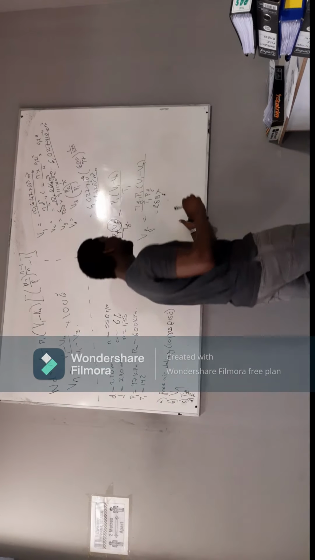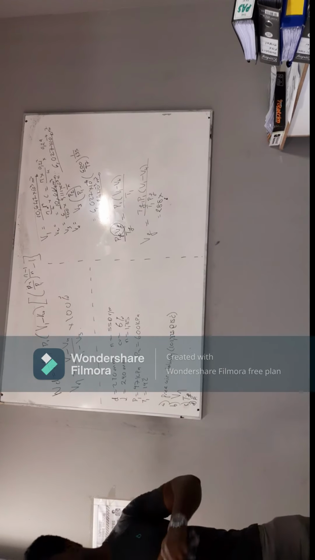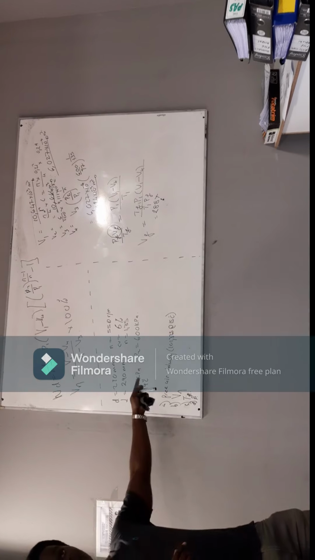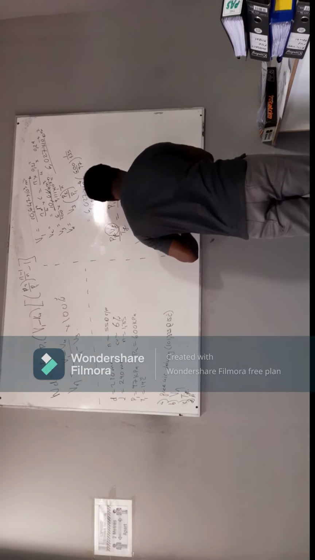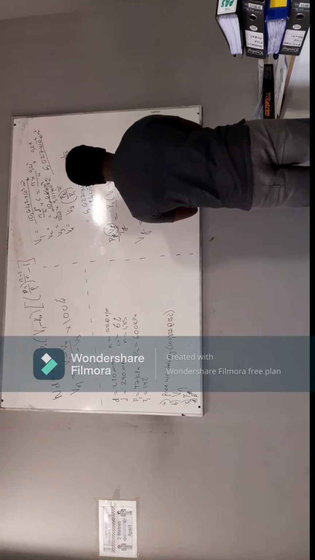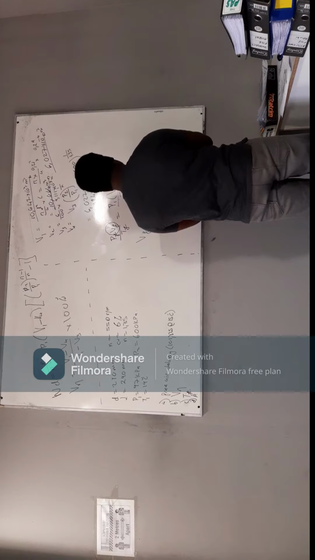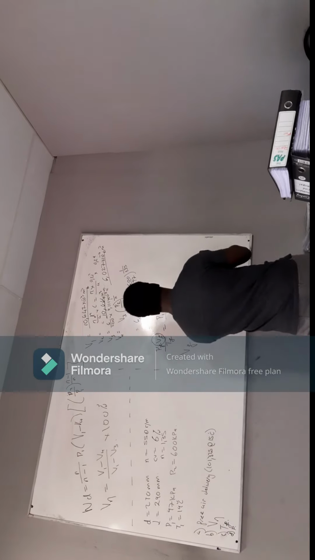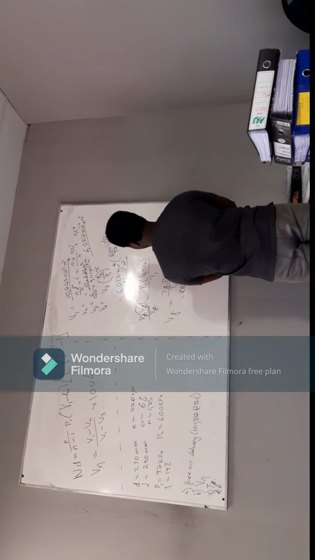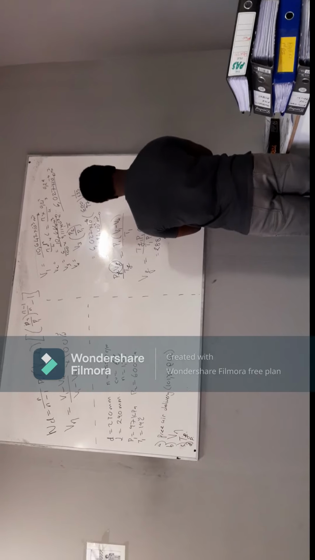288 multiplied by P1. What is our initial pressure that we're given? From the board, what do we have? 97. That is correct. And then the value of V1, 10.647 times 10 to the power negative 3, minus V4, which is 2.324 times 10 to the power negative 3, close the bracket.